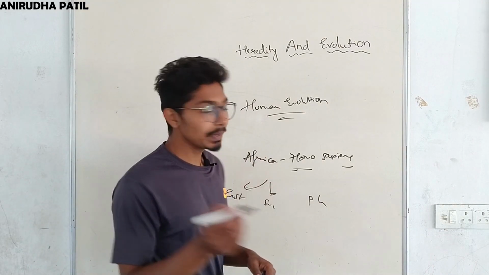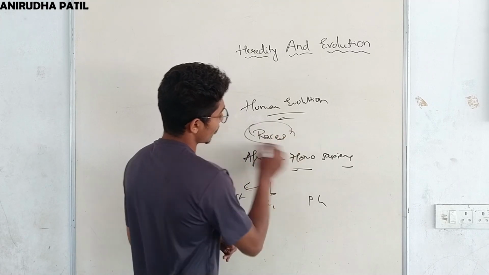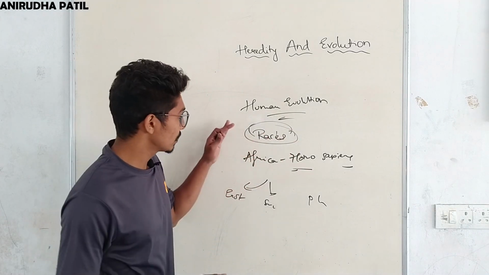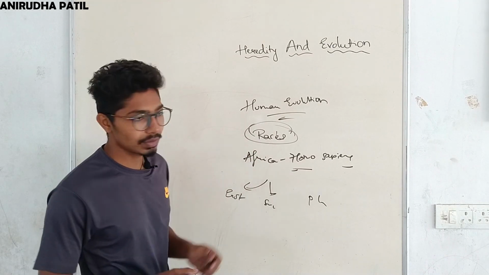That means first the human beings were differentiated based on their color, that is races, but it is low in today's environment.